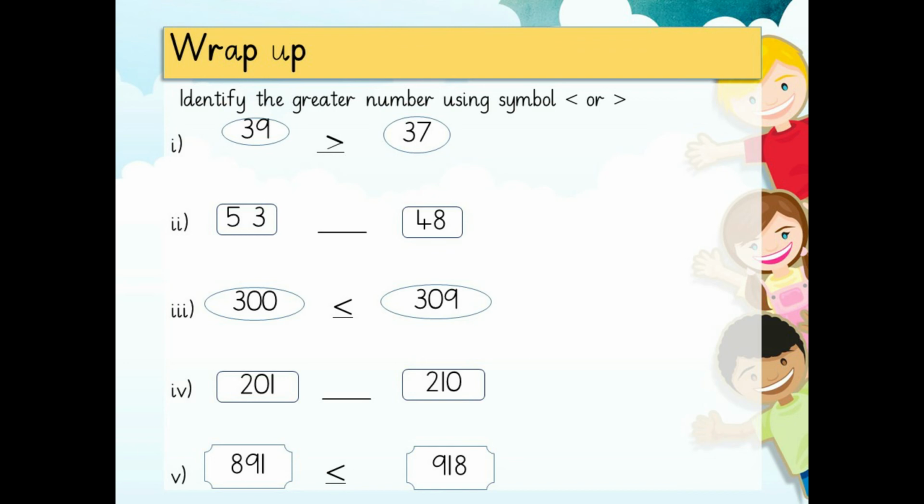Now moving towards the tens. 390 has 9 tens while 309 has 0 tens. So we have decided over here that 390 is the bigger number as compared to 309. So use the symbol very carefully, very wisely, so that the crocodile mouth opens towards the bigger number, 390.